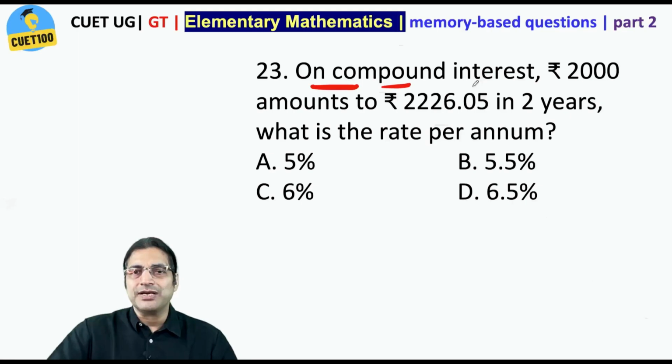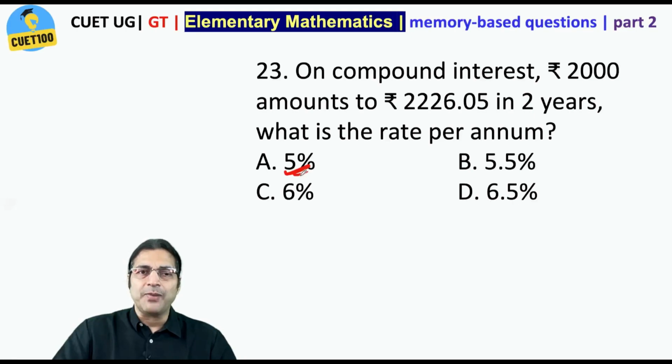On compound interest, 2000 amounts to 2260.5 in 2 years. What is the rate per annum? Some people believe that this is a calculation intensive question, but it is not. It is not. Believe you me. All right. Okay. Now, 5% cannot be the answer. Why?